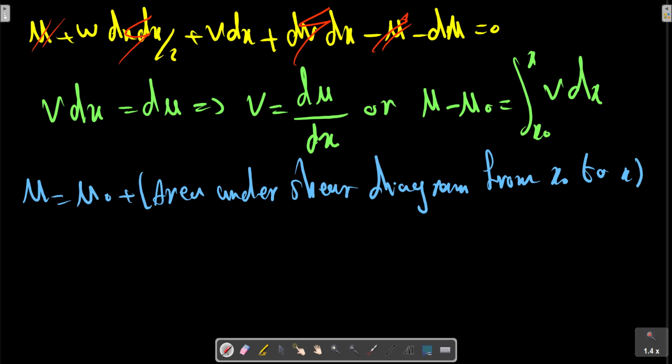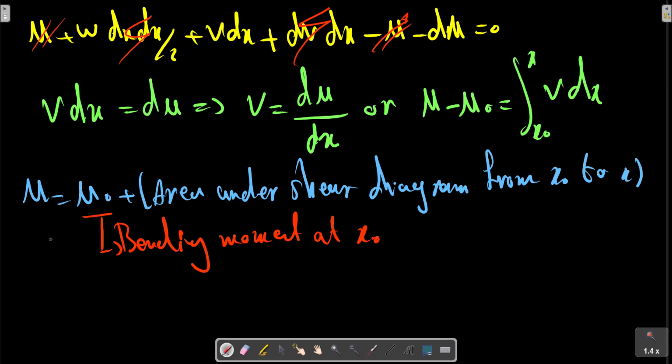In this expression, M0 is the bending moment at x0 and M is the bending moment at x.